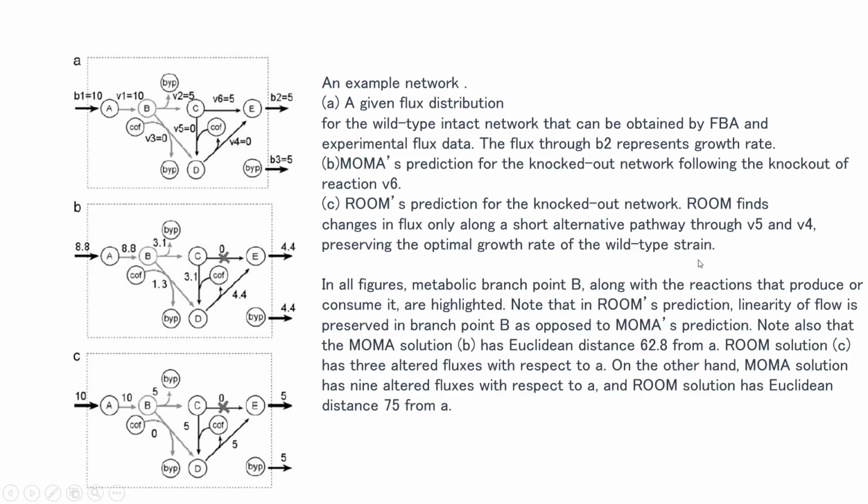But also keep in mind, the ROOM solution has only 3 altered fluxes with respect to A, whereas the MoMA solution has 9 altered fluxes. So the ideas behind these models are slightly different, and you can see that in the results as well. It is very much reflective of what it is trying to prioritize and what it is not. From the results it is visible that MoMA is trying to minimize the Euclidean distance, and ROOM is trying to minimize the number of changes after the perturbation is taking place, in this case, a knockout.